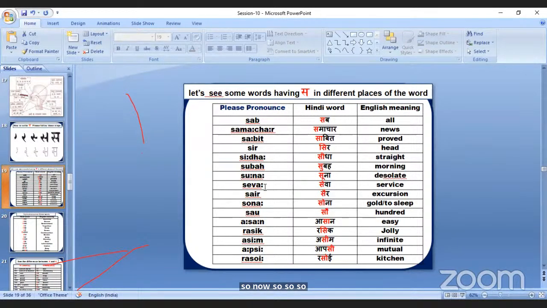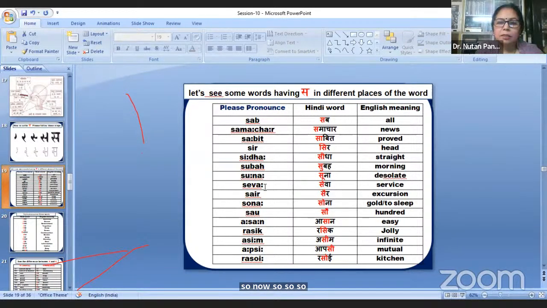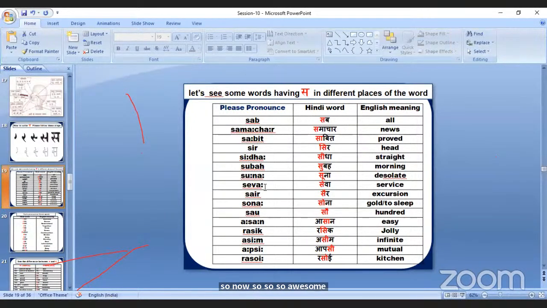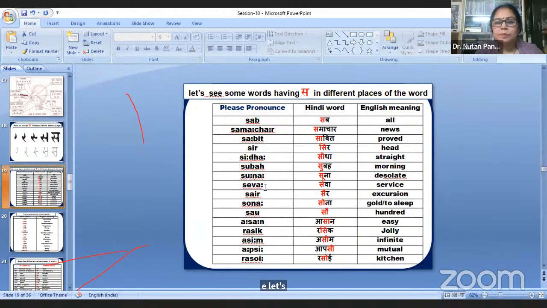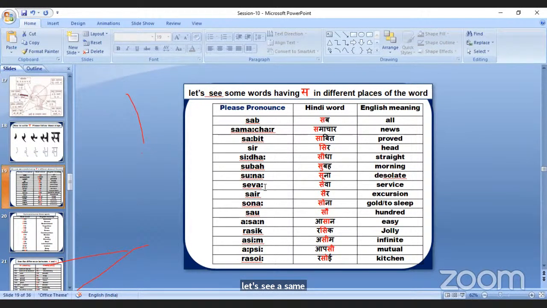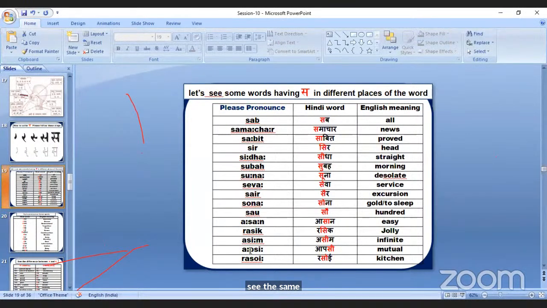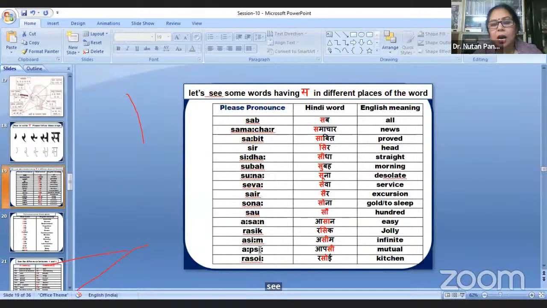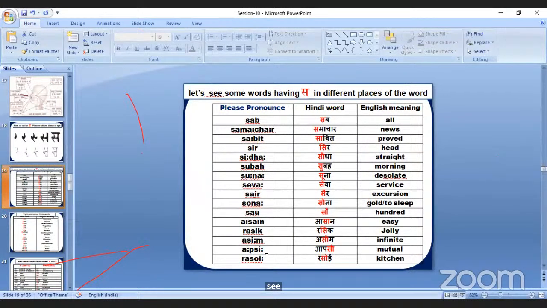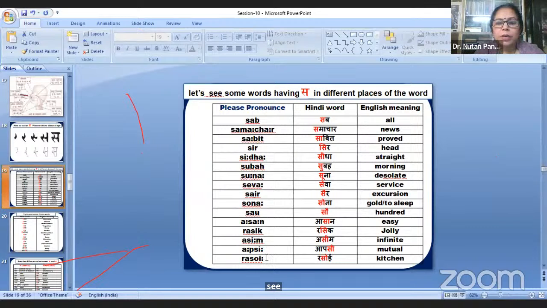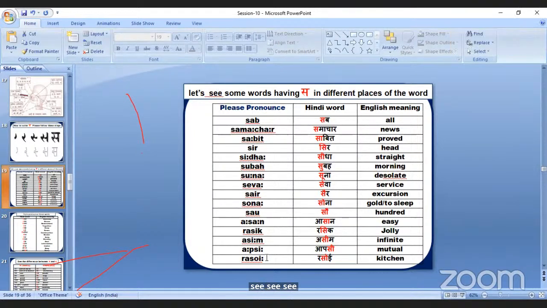Asan, long sign. Rasik. Asim. Apsi, there are 2 long vowels. First one is A. Apsi means mutual. Rasoi, kitchen. Okay, is this clear?